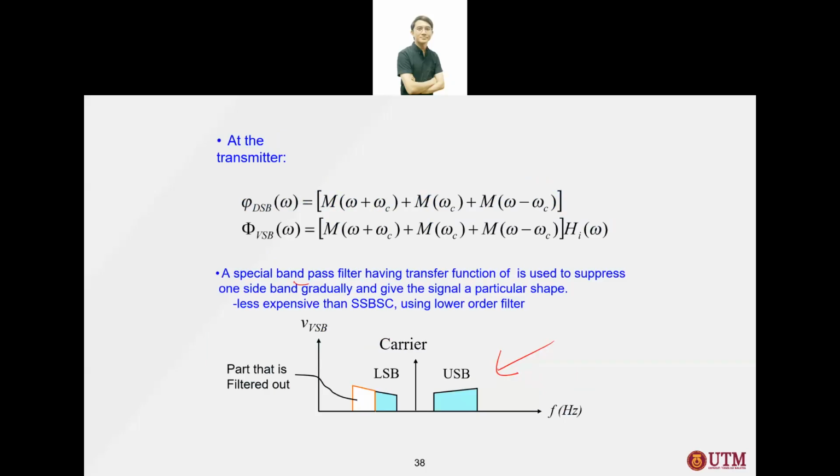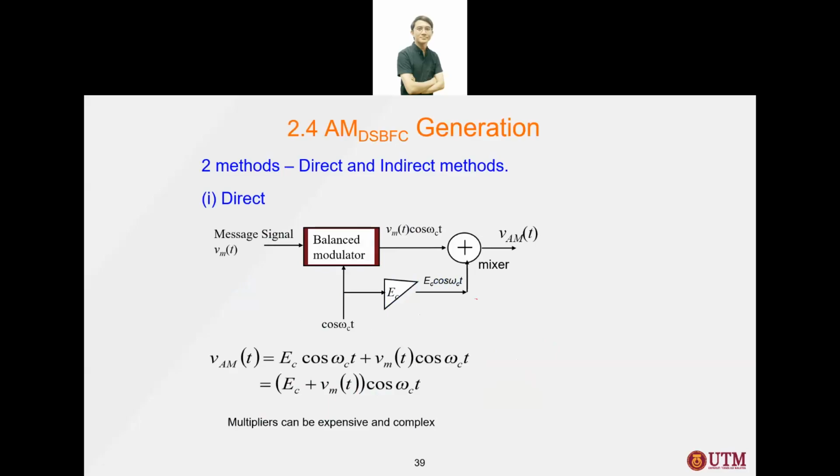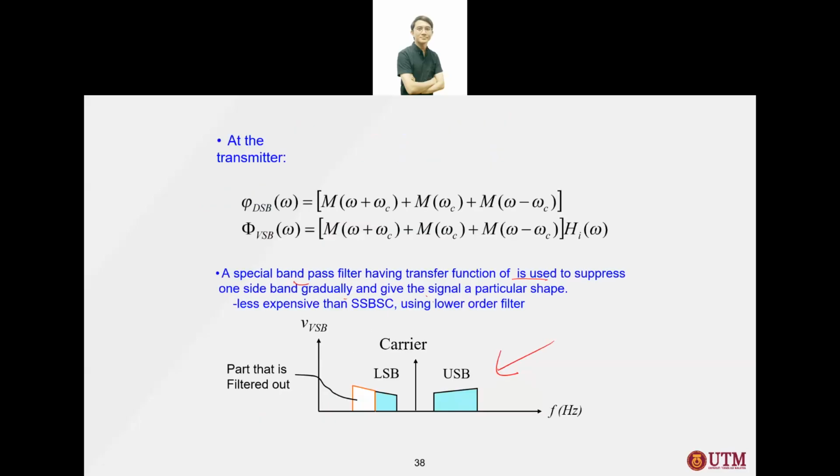So a special bandpass filter having a transfer function is used to suppress one sideband gradually and give the signal a particular shape. It is less expensive than single sideband suppressed carrier, and it is using a lower order filter. I think in senior system you have learned some of the filters. A filter is where we take the frequency that we want, and the frequency that we don't want we reject out.